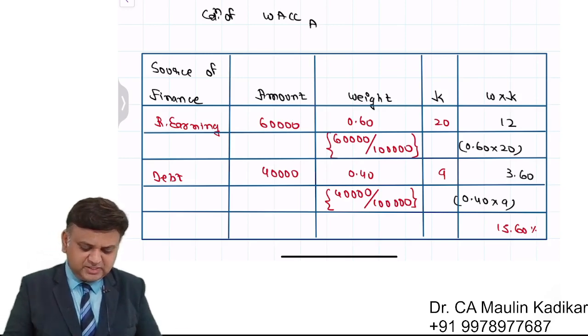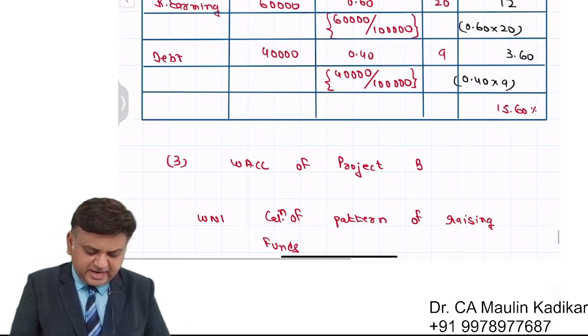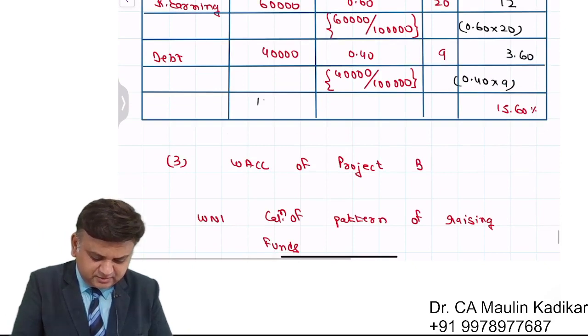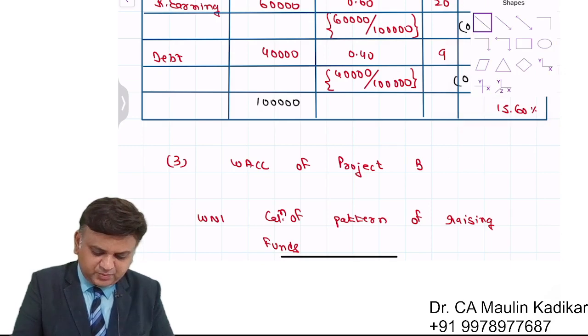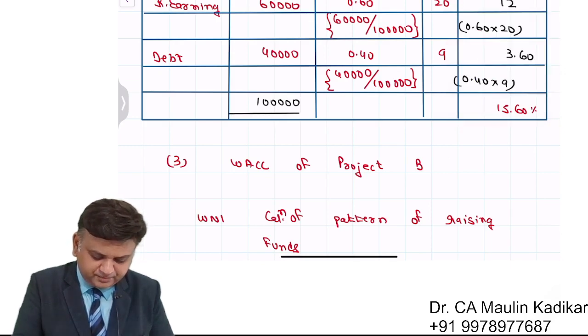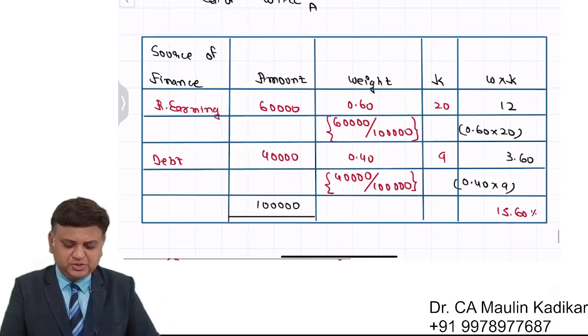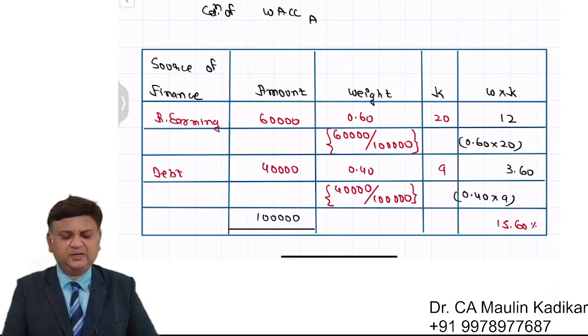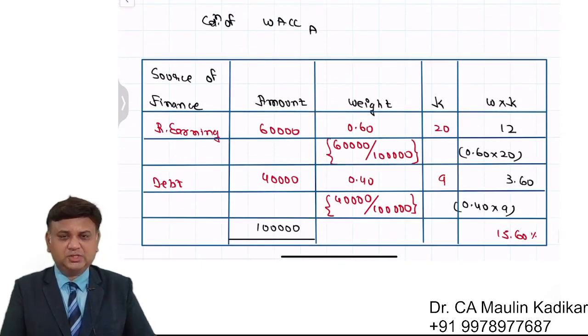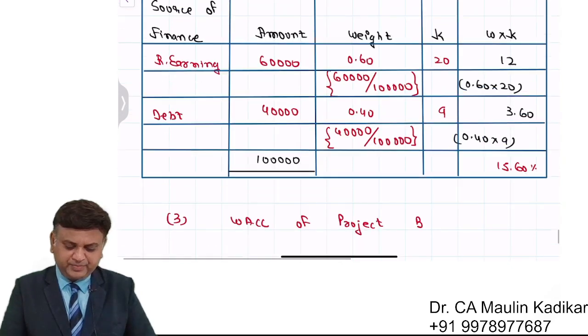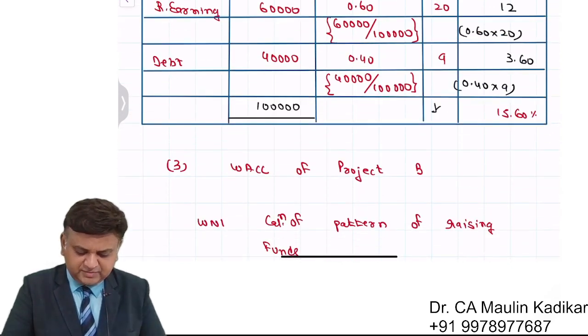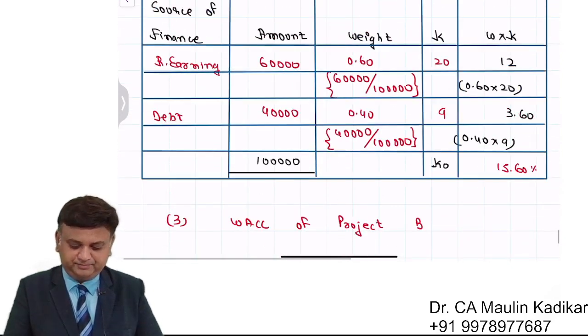Out of that, the 60,000 rupees is retained earning and 40,000 rupees is the debt financing. So the weight or proportion is calculated. It is 0.6 and 0.4 multiplied with the respective cost, that is 20 and 9. So weight into cost, that is the way the weighted average cost of capital is calculated.